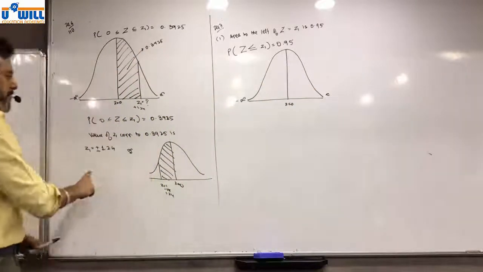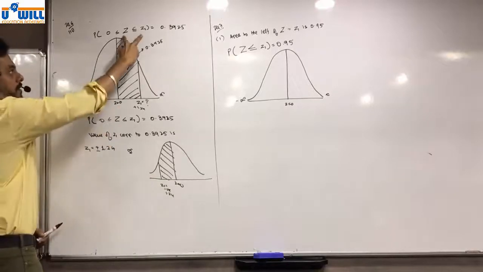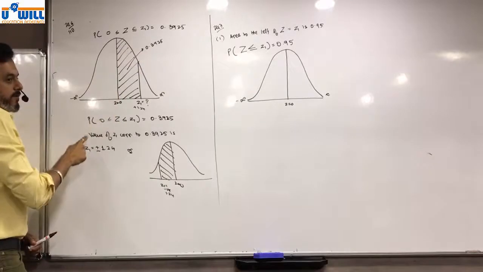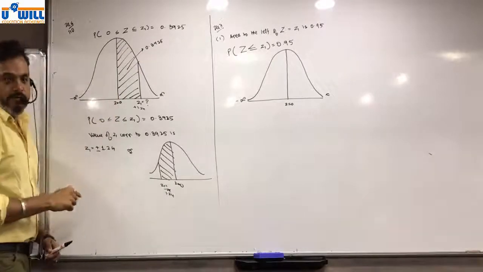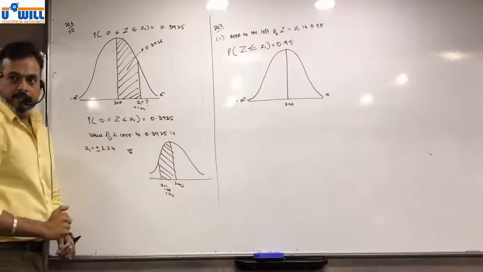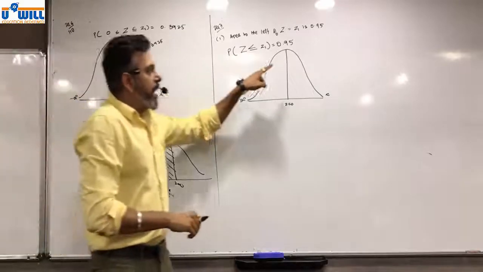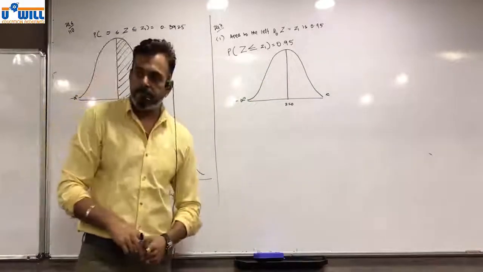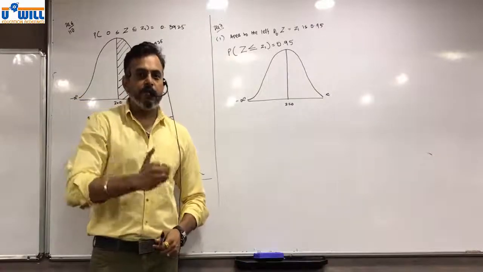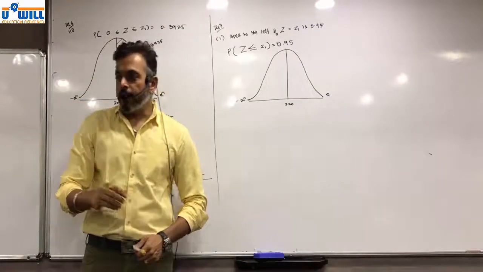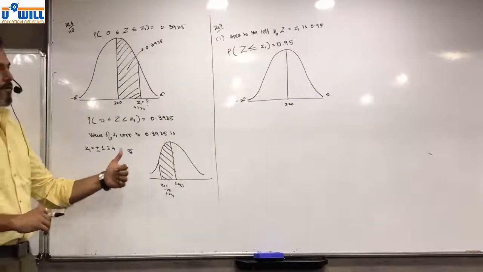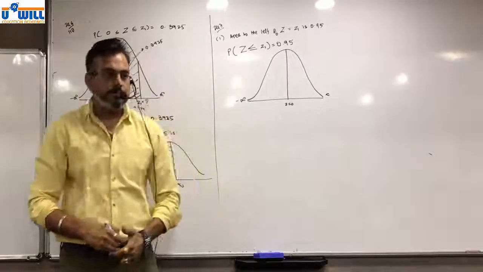Because in the previous sum, over here only z1 was given. Now z1 can be positive also and z1 can be negative also. Still you will get the same answer. Now, over here, how will we decide which z1 is this, plus or minus? Can it be minus over here? Why not? If here I can take z1 as minus, why not over here?